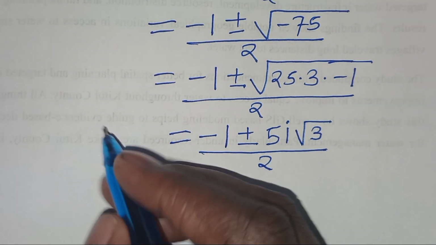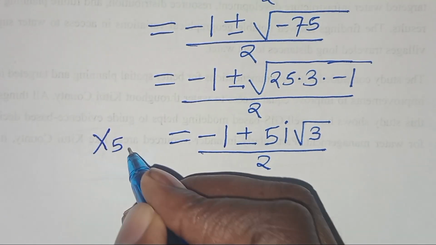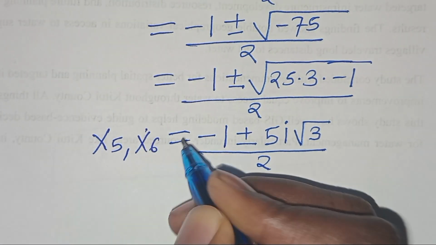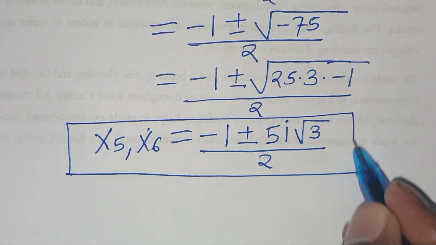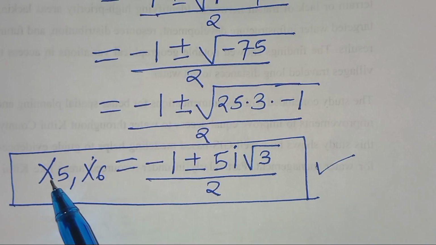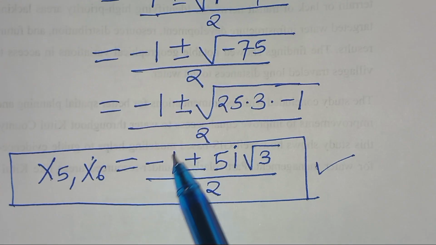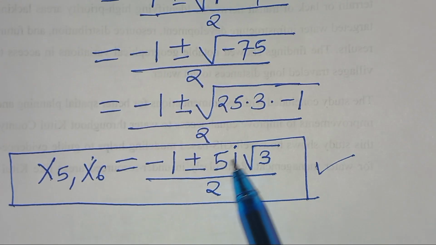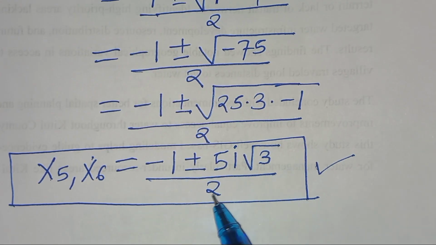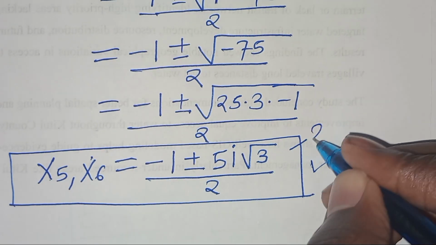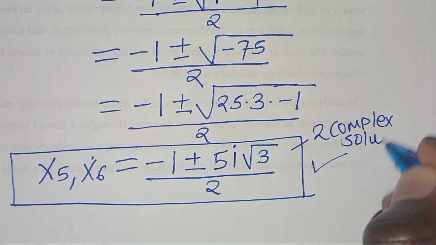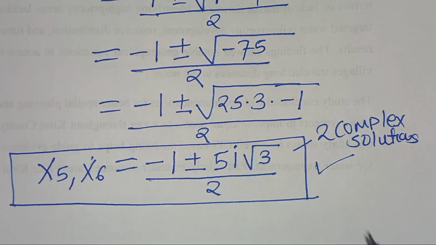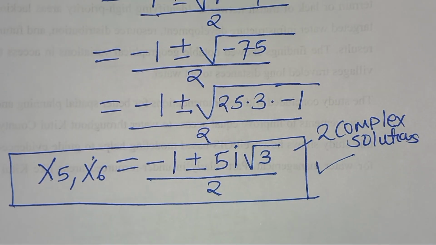So this is what is x5, x6. Now this is x5 and x6, which is minus 1 plus or minus 5i square root of 3, divided by 2. And these are again 2 complex solutions under case 2. So this implies that we have 6 solutions to this exponential problem.